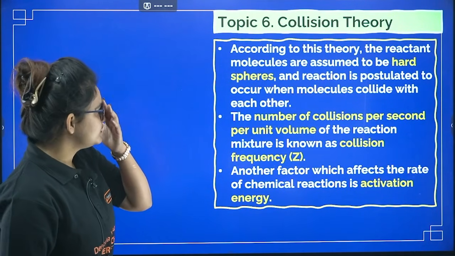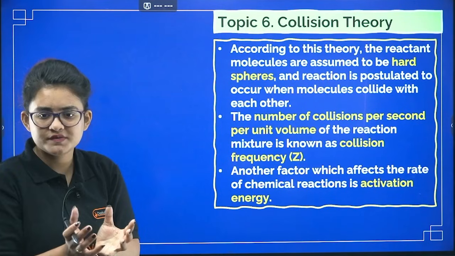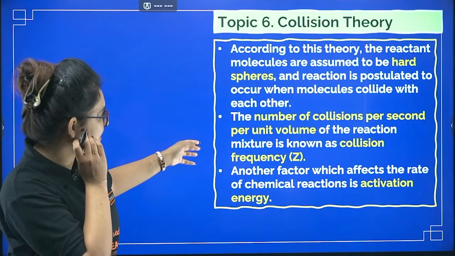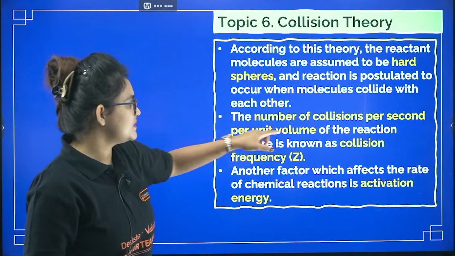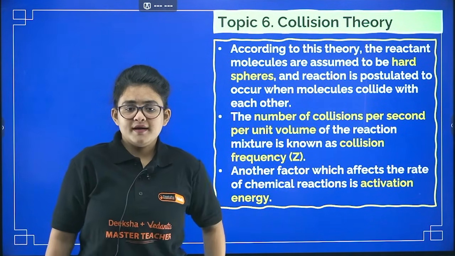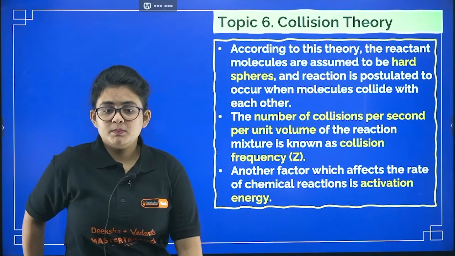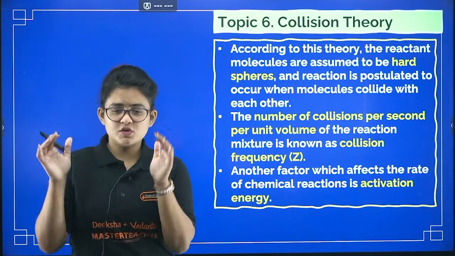In this theory, we consider the molecules to be hard spheres that keep colliding with each other, and here come a few terminologies. You can see the number of collisions per second per unit volume. As I told you, you meet so many people every day in college.